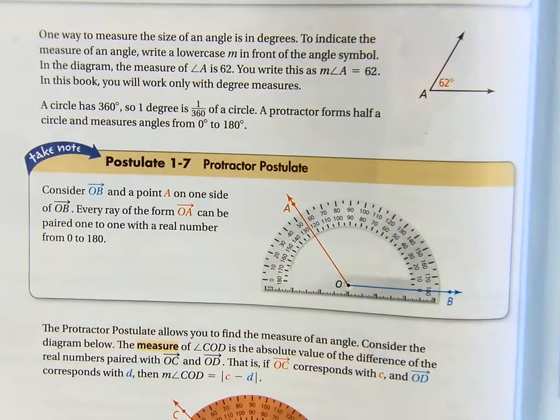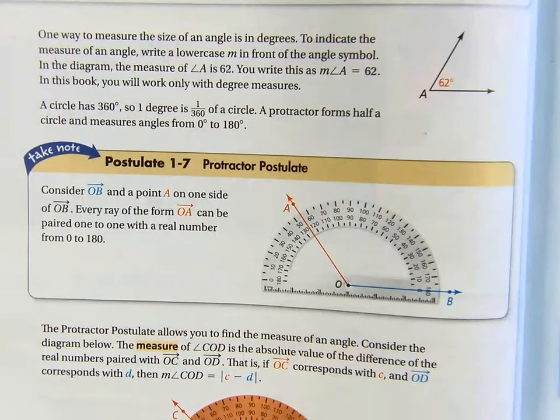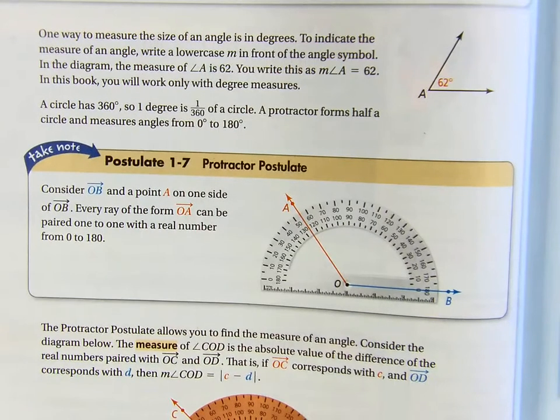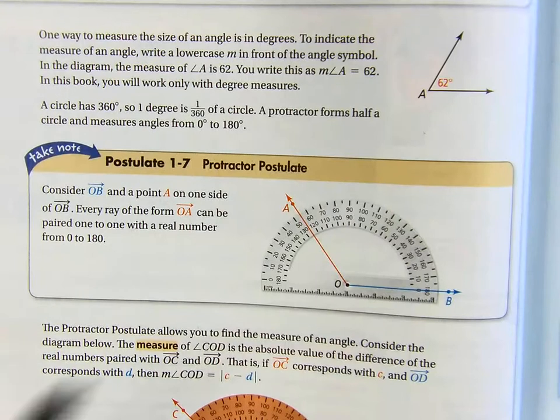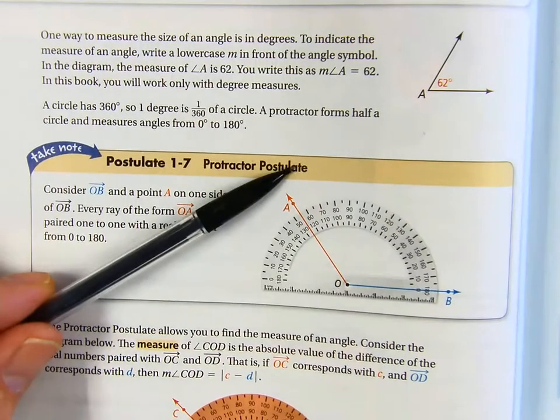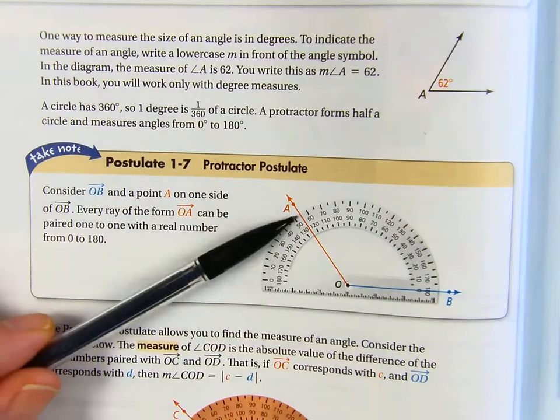So to measure an angle, it's kind of like the protractor postulate. It says consider a ray OB, okay, we have this ray OB, and a point A on one side of it, either on this side or this side, but in this case, of course, it's on this side.